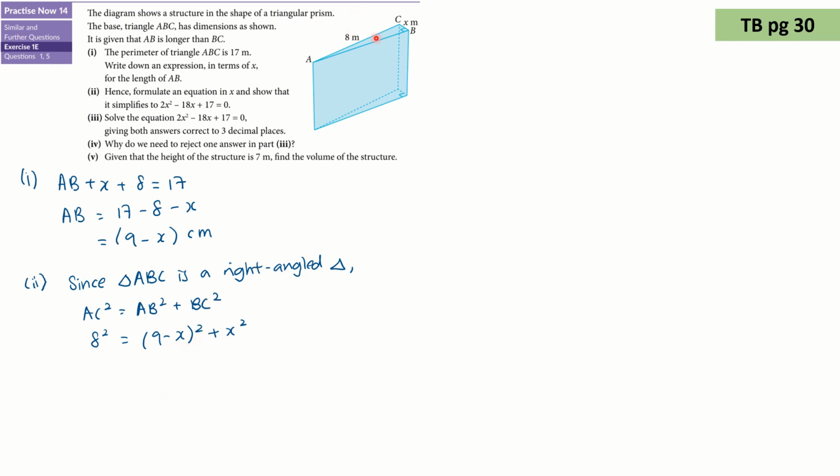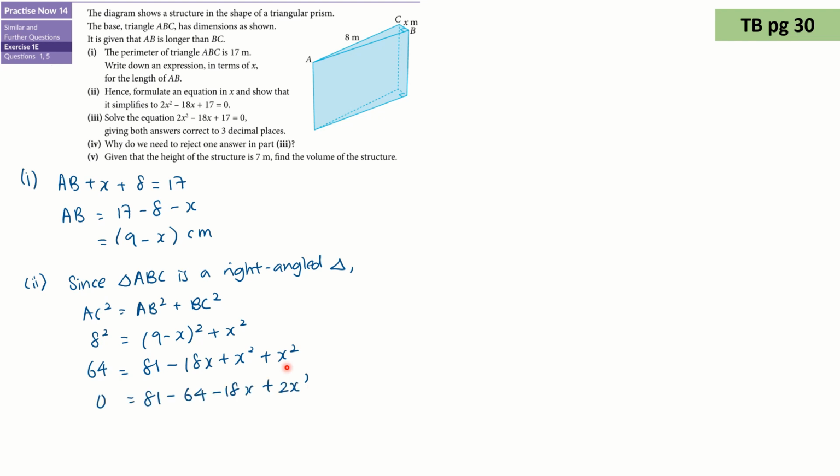And BC was given to be x, so plus x square. Our objective is to arrive at this simplified quadratic equation, so intuitively we need to expand and then simplify. Upon expansion, we have 64 equals 81 minus 18x plus x square plus x square.